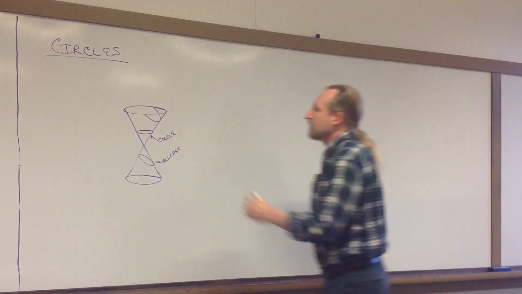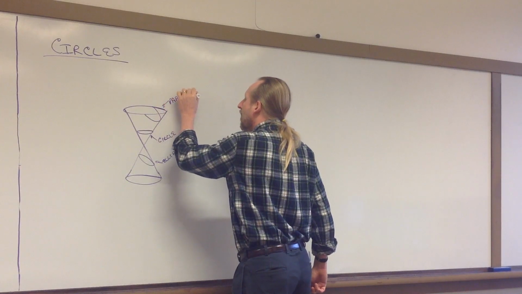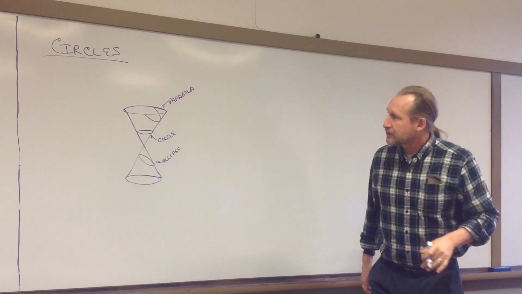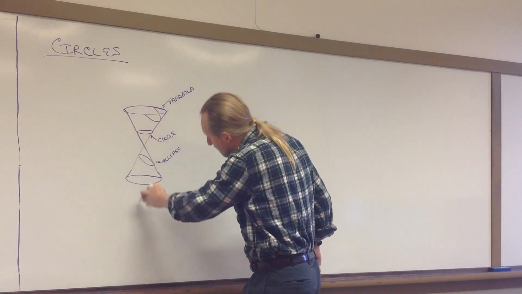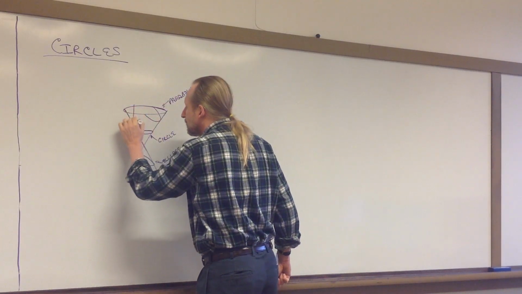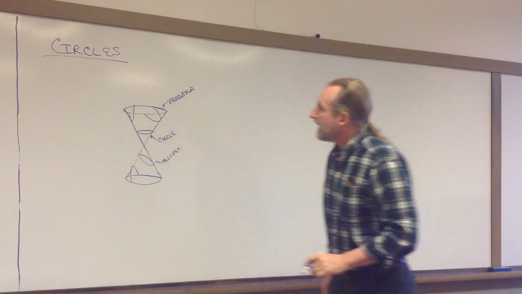Now we're going to focus on the circle and the parabola, but we also have the ellipse, and then the hyperbola is what happens if you slice it like this so that you get two pieces. You get one piece here and then one piece there.